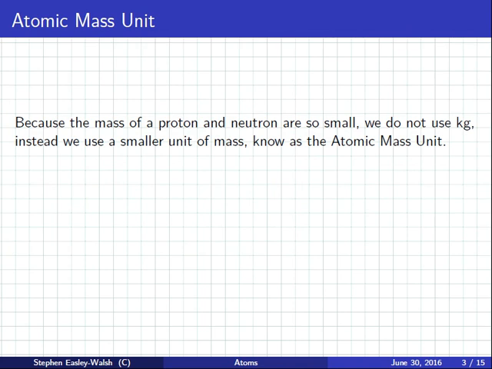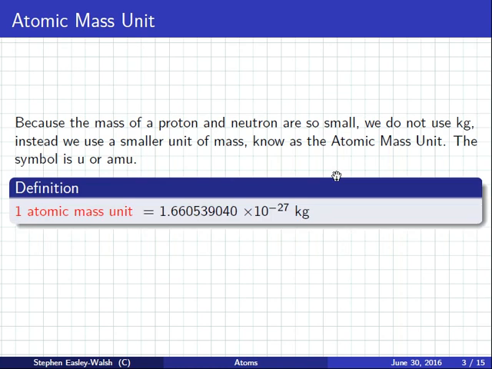The symbol is u, or AMU, and 1 AMU is this much, which is quite small. It could be. I'm not sure how they arrive at this. We call it the atomic mass unit because you use it to measure the mass of atoms.